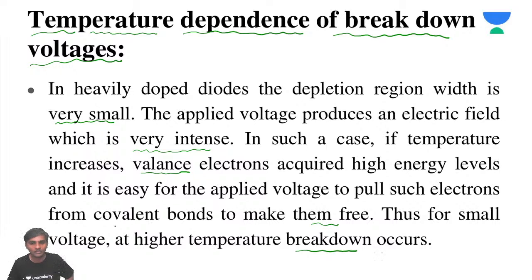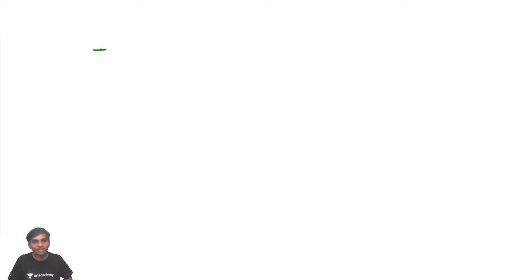So just try to understand what is being said. Already breakdown is occurring. Let's say the temperature is 300 degrees Kelvin, and the V breakdown is, let's say, 5 volts. Right? Now I am increasing the temperature to, let's say, 310 degrees Kelvin.